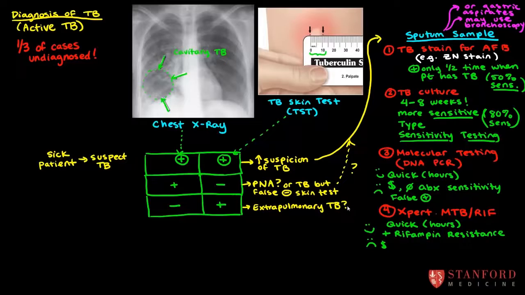You may be sampling the lymph node, if they have swollen lymph nodes. You may be sampling the bone, if it's a suspected bone infection. You may be sampling the urine, if you think they've got infection that might involve the genitourinary tract, or there are other body fluids that might be sampled.